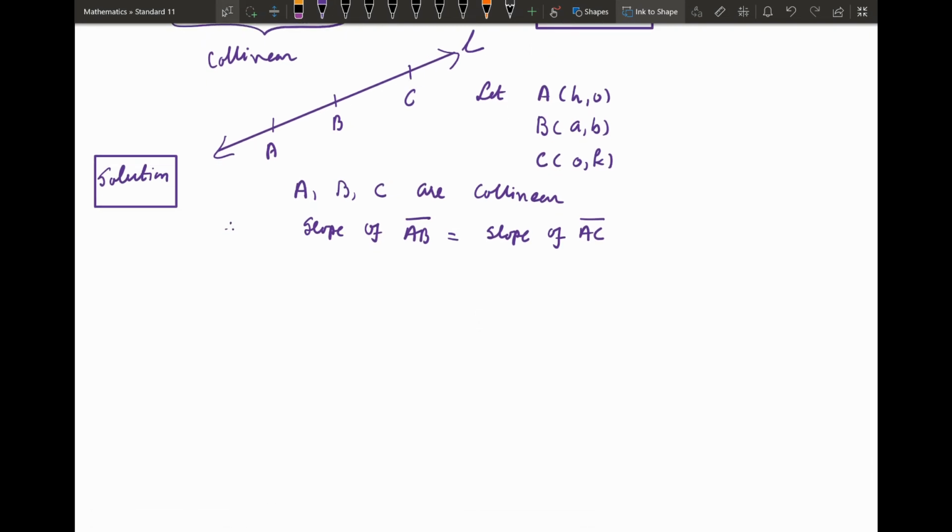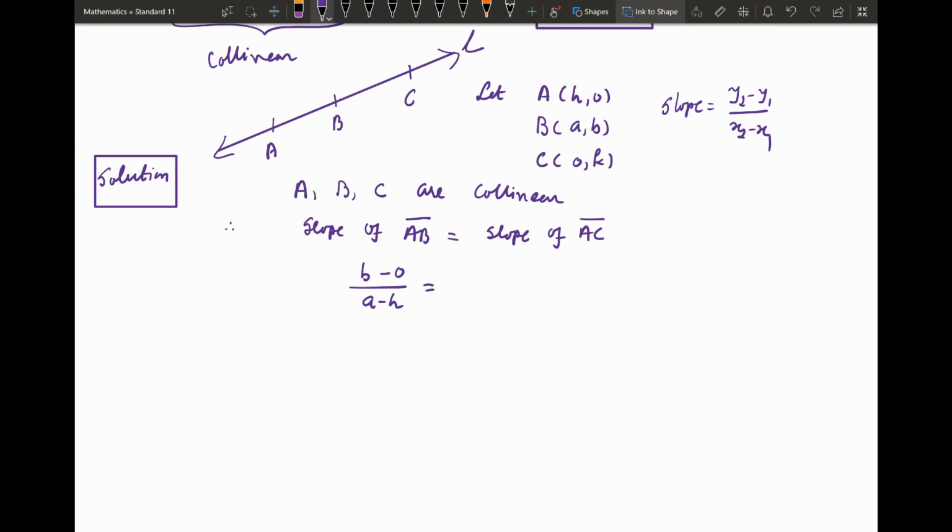Now using the definition of slope, (y2 minus y1) upon (x2 minus x1), the slope of line segment AB is (b minus 0) upon (a minus h).